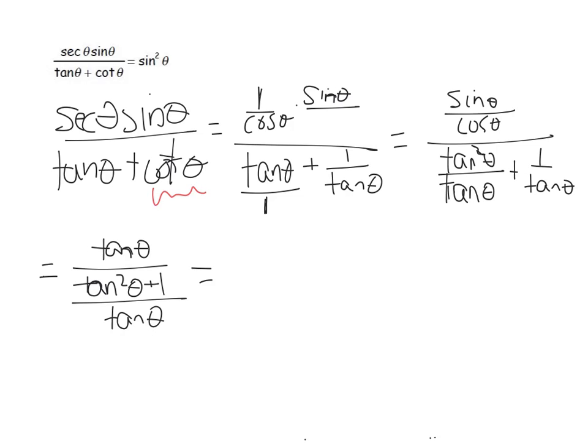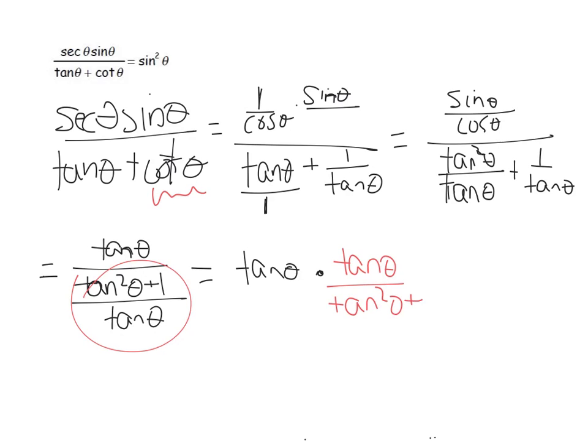Then I'm going to have tangent theta times, remember when I am dividing by a fraction, I am multiplying by the reciprocal, so this is tangent theta over tangent squared plus 1. So I have a tangent on the top and tangent squared theta plus 1 on the bottom.